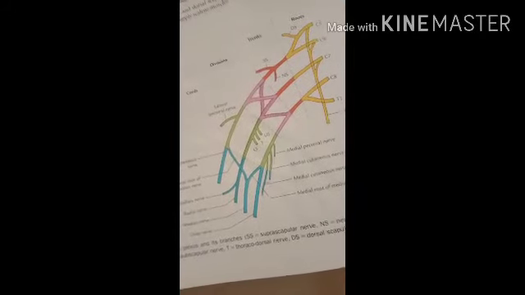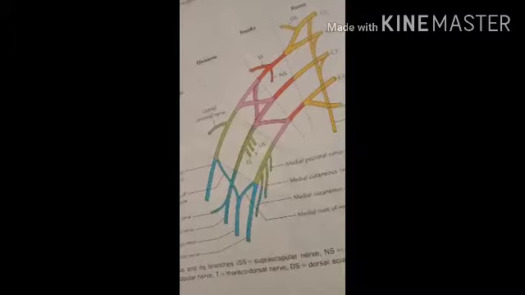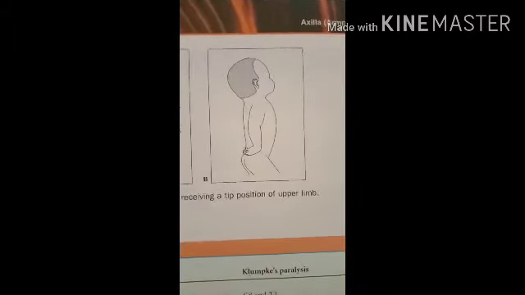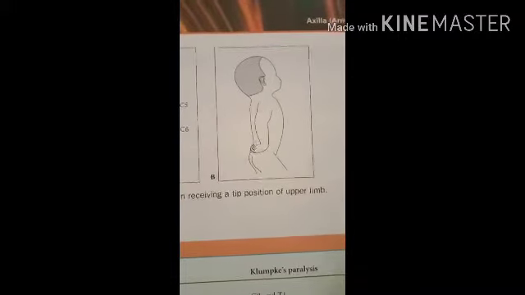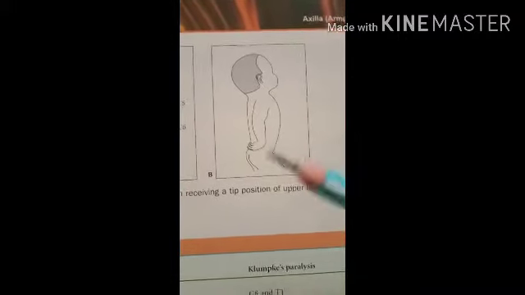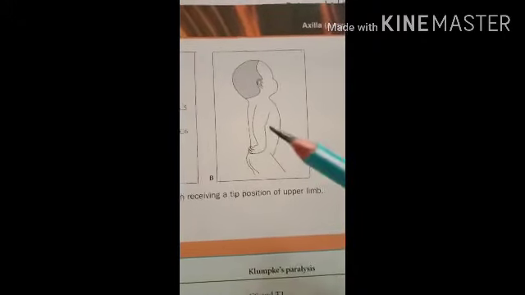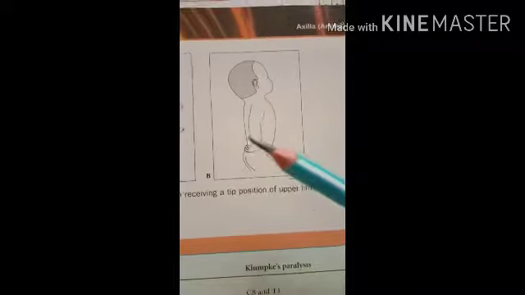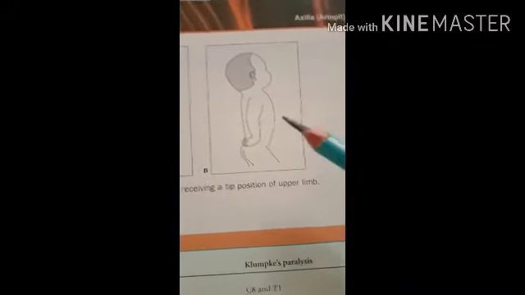Then let's see the clinical points related to the brachial plexus. The first clinical point is Erb's paralysis. In this, there is injury to the upper trunk. The arm hangs by the side, adducted and medially rotated.